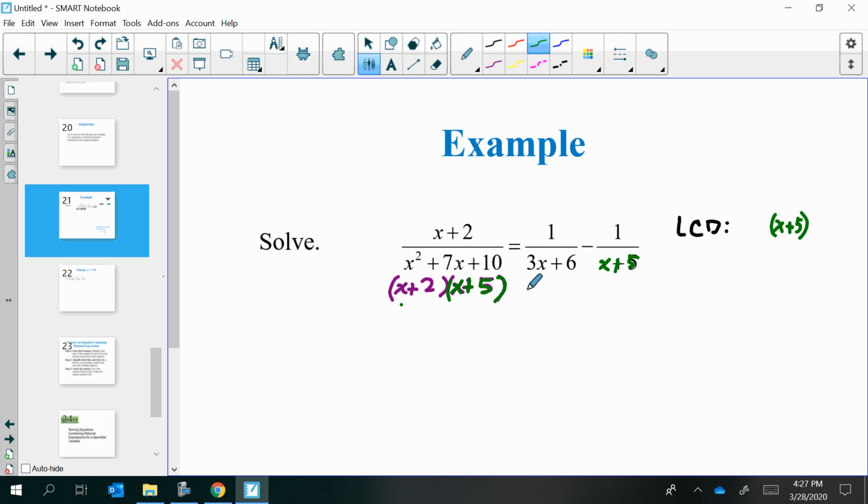I didn't factor everything that I could factor. I almost forgot that I should also be factoring here, because there is a 3 that's common there. So I can take out the 3 and notice that I get x plus 2 as a quantity. So now that's common with this.